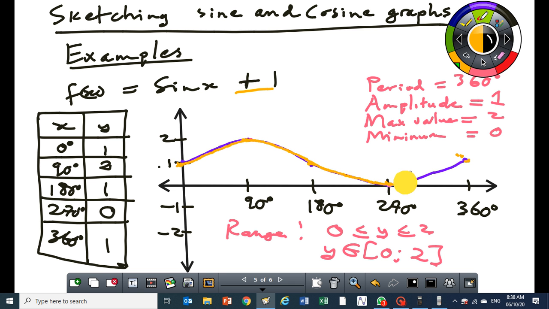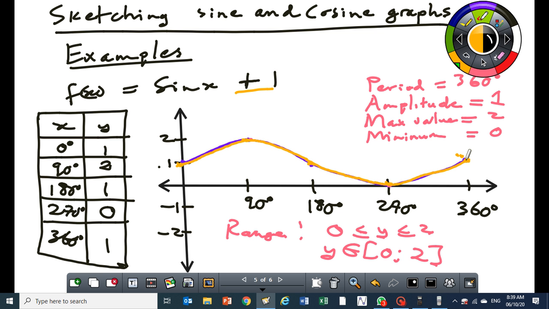Draw a nice smooth curve, like that. Freehand. So you have to practice how to draw. No ruler. Please. Don't be tempted to try and use a ruler. You draw the graph freehand. So you have your table there, then you have the graph.